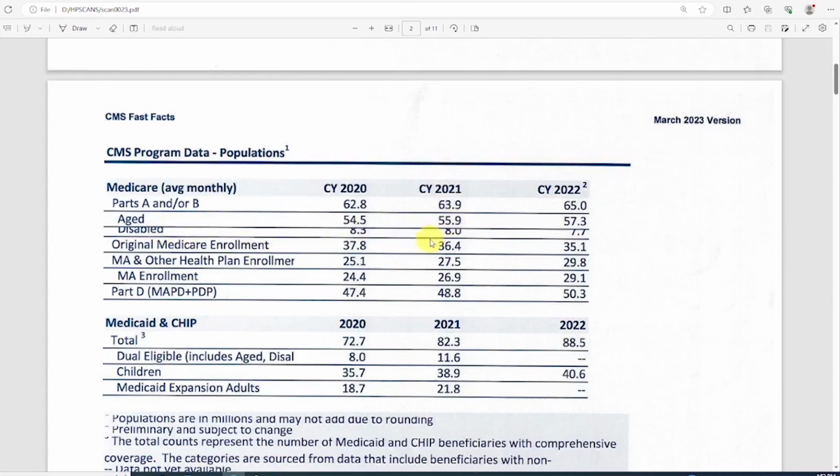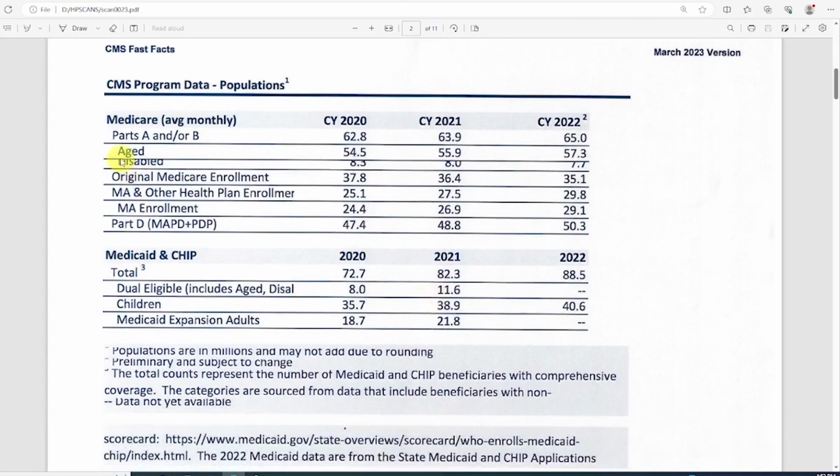Disabled, another 8 million. Together, 63.9. Let's look at the original enrollment, 36.4. MA and other enrollment, 27.5. Another MA enrollment, 26.9. And Part D, prescription drugs, which is about 49 million.